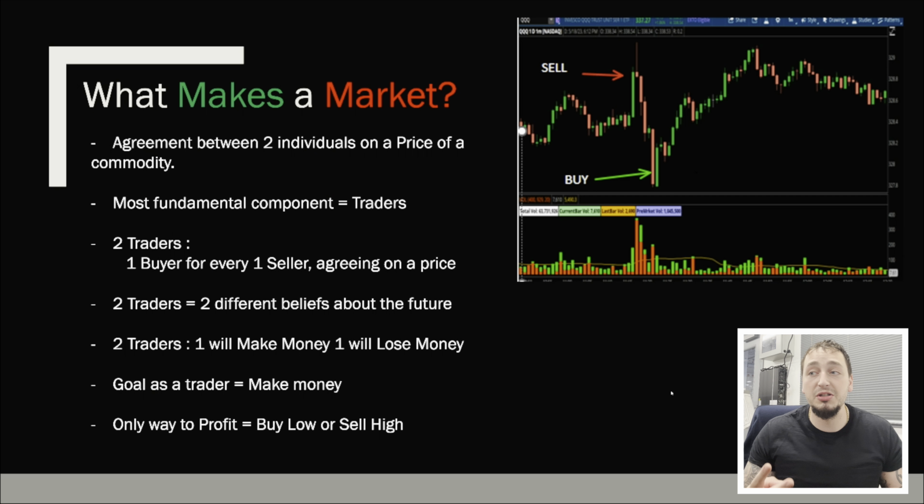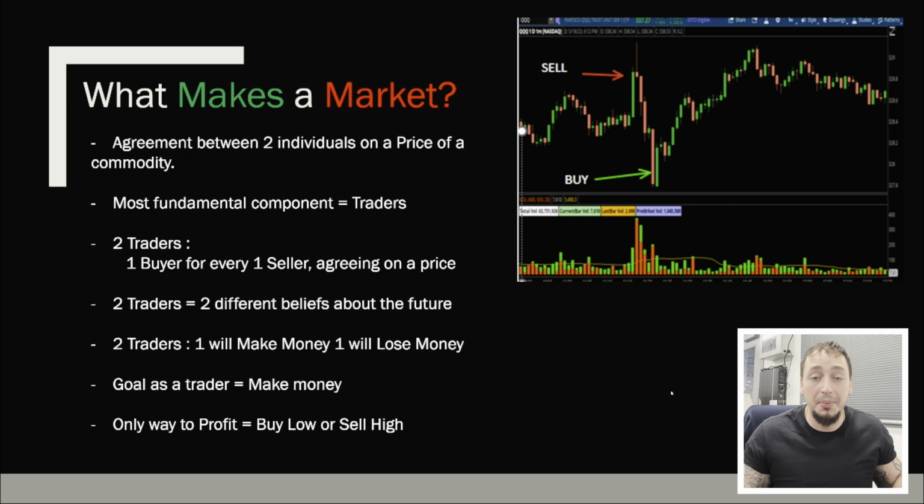So there's two traders buying and selling with two different beliefs about the future. Because if I'm buying, I think price is going up. We could all agree that the motive for every trader is to make money. So if I'm buying, I believe price is going to go up. If you're selling, you believe price is going to go down. So two traders, two different beliefs, one will make money and one will not.